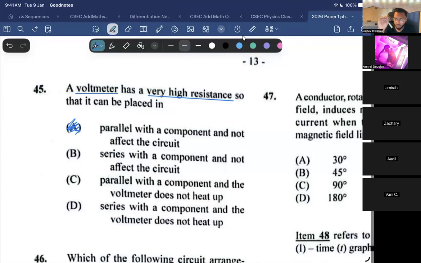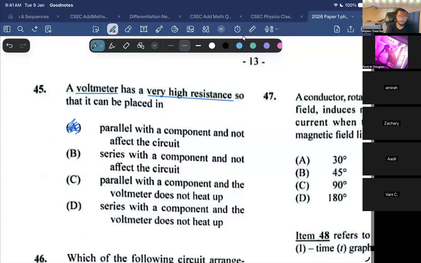So Adil, whenever you see voltmeters, they are placed in series or parallel? Parallel. And they have what type of resistance? A high resistance. Good.